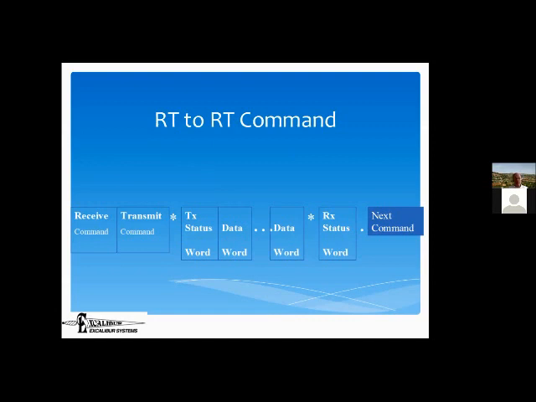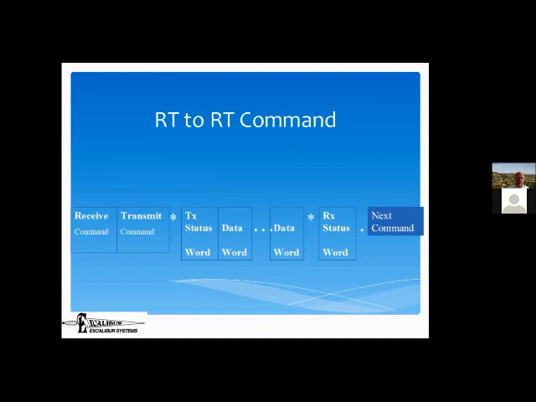Meanwhile, the receiver RT knows that it's an RT to RT command, because after he got his command, he saw that what happened next was another command. So he waits for this data. And when the data is completed, then the receiver will respond with his status word.